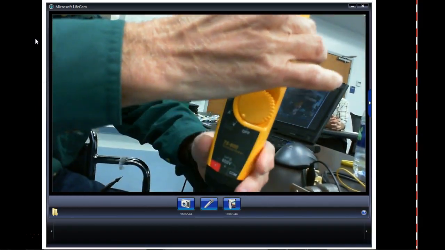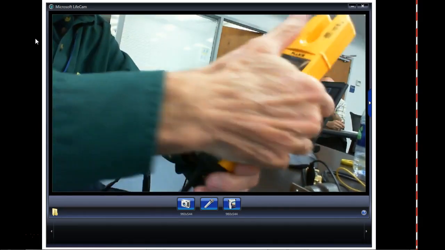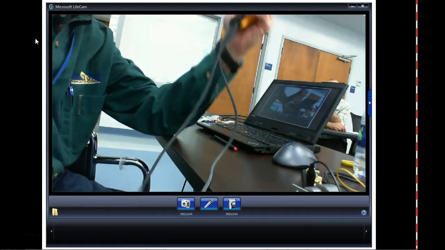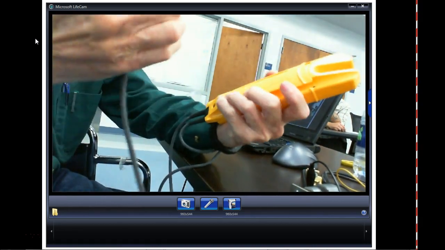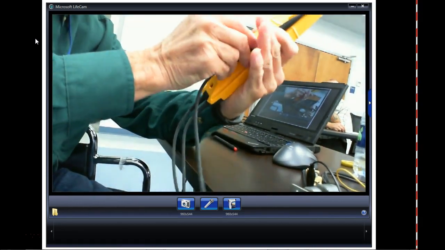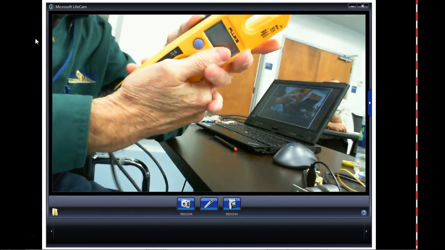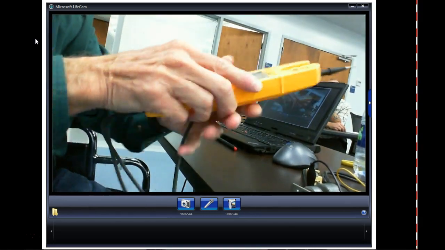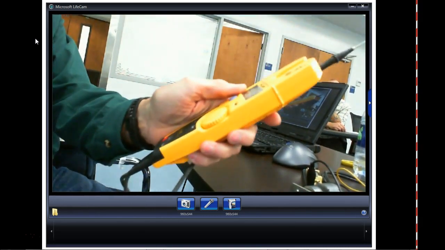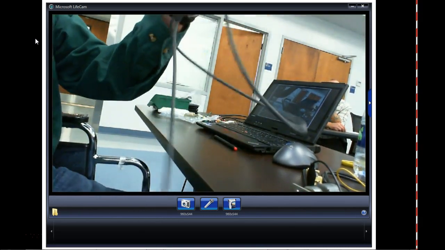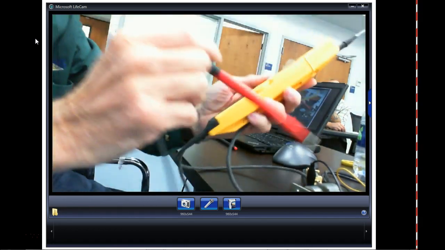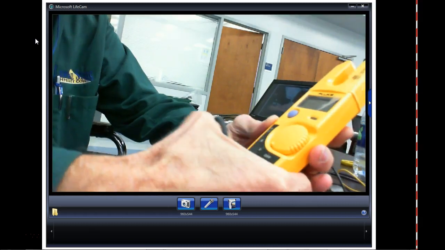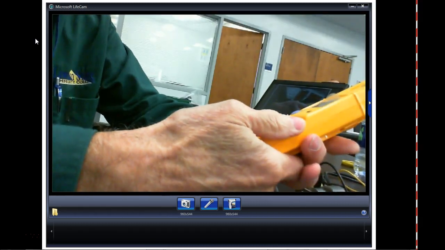Normally clamp on ammeters are very thin and usually made to be handheld. Most of them give you the ability to put your common up in here, and then you can use the meter for one of your leads. This one measures volts, amps, and ohms.